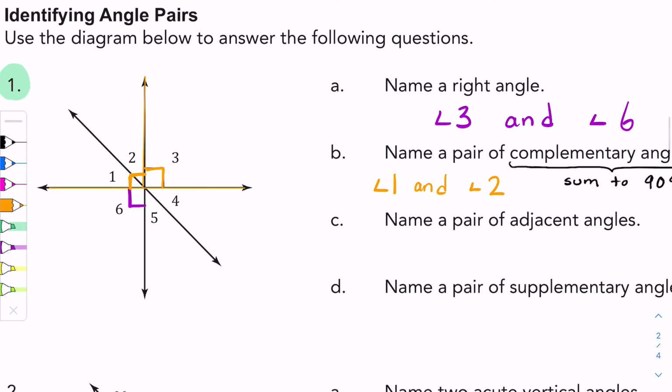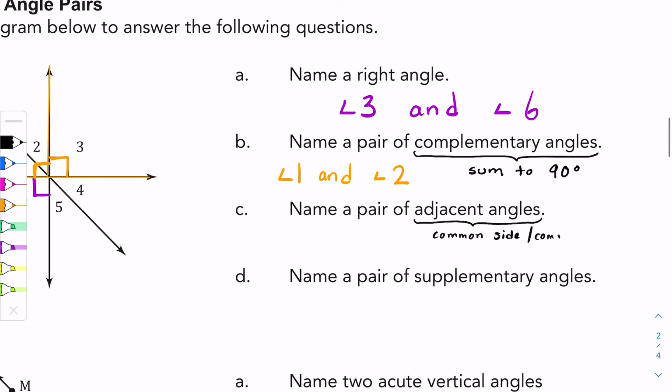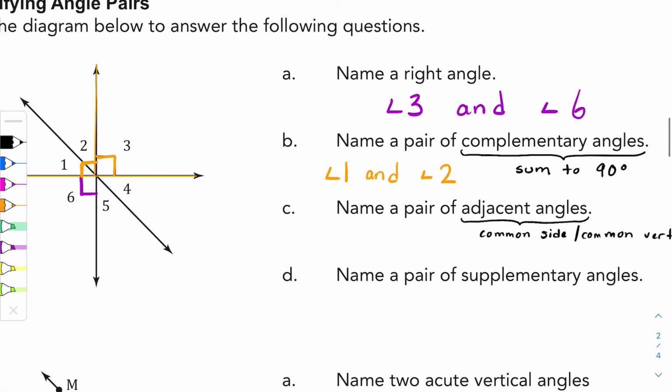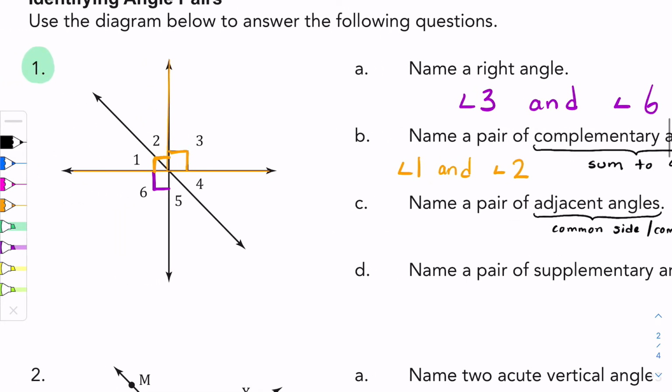Part C says to name a pair of adjacent angles, and recall that adjacent means common side and common vertex. Any two angles that are next to each other are going to be adjacent.